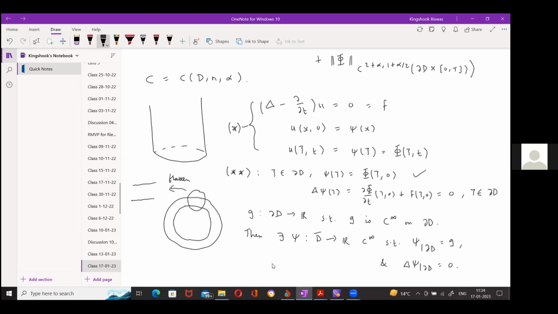So this will look something like a part of R^(n-1) cross an interval. So this is inside. Okay, so this part is 0, this is say epsilon.